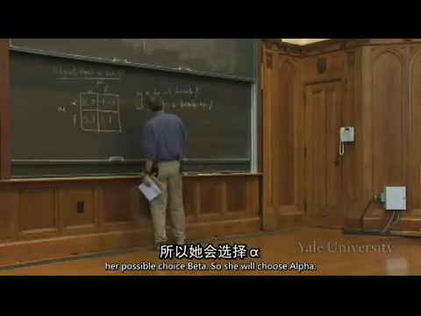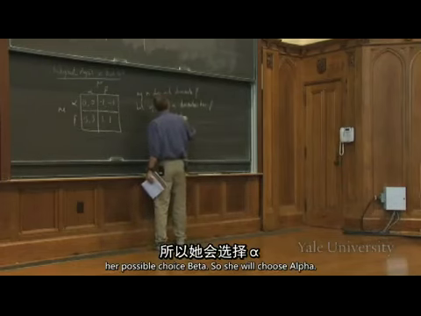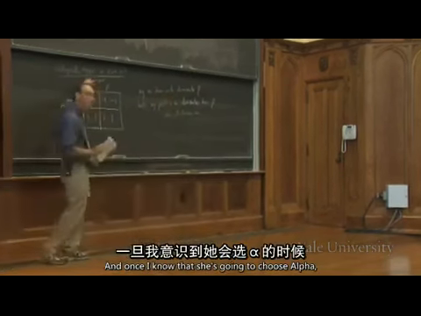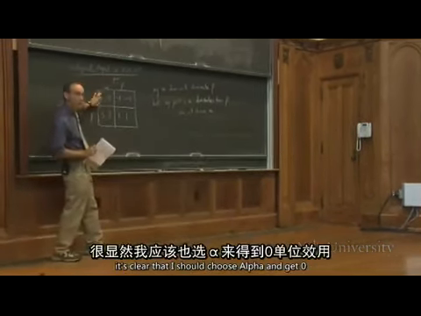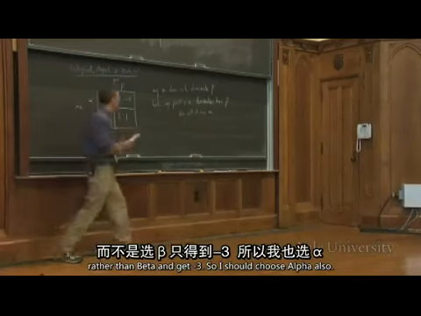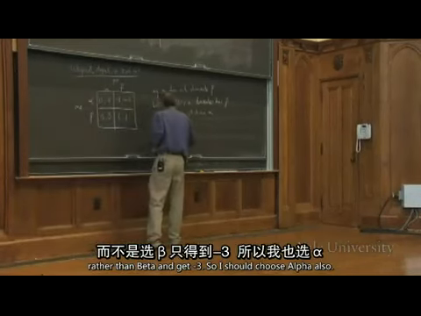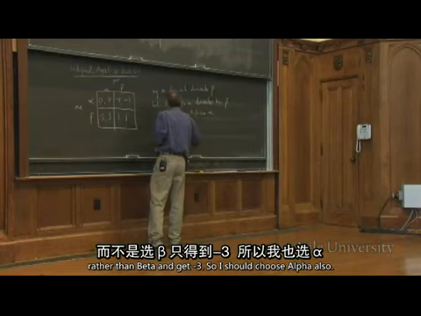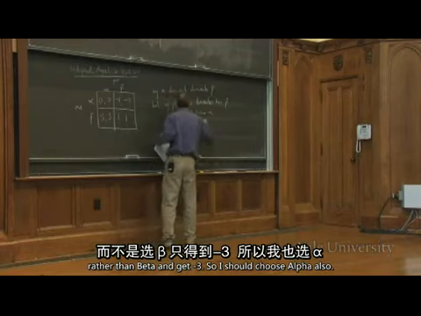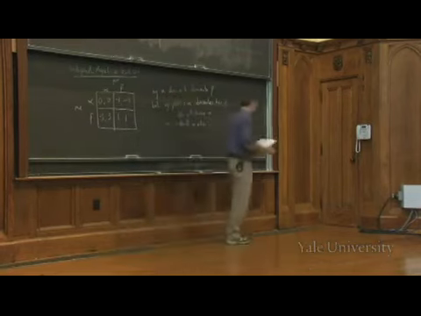So she will choose alpha, and once I know that she's going to choose alpha, it's clear that I should choose alpha and get 0 rather than beta and get minus 3. So I should choose alpha also.